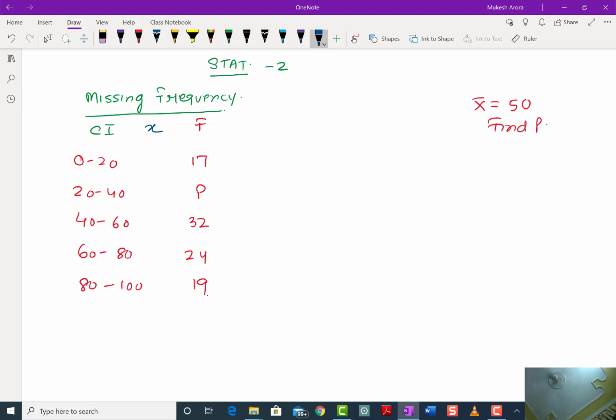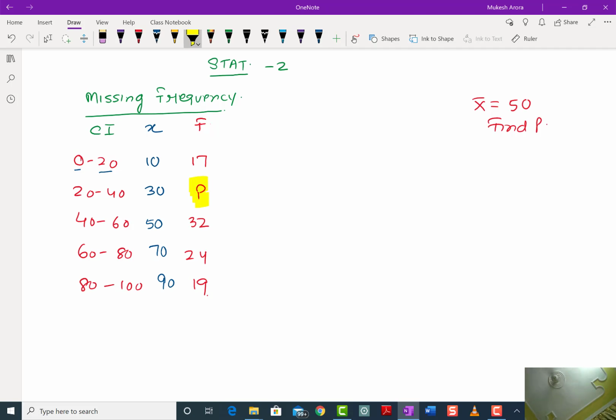Mid value is upper limit plus lower limit divided by 2. That is 10, and then 30, 50, 70, 90. We have to find the value of P.